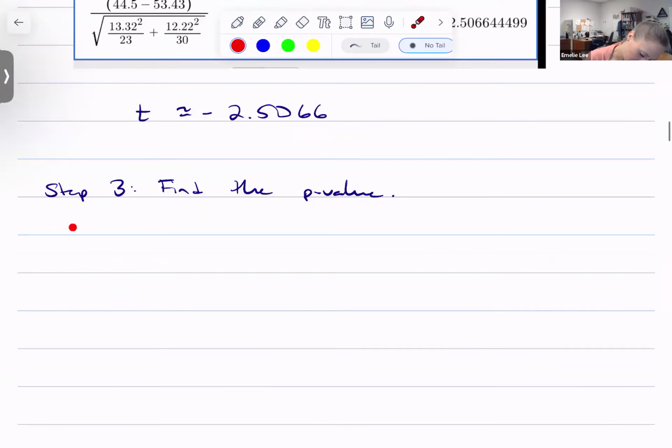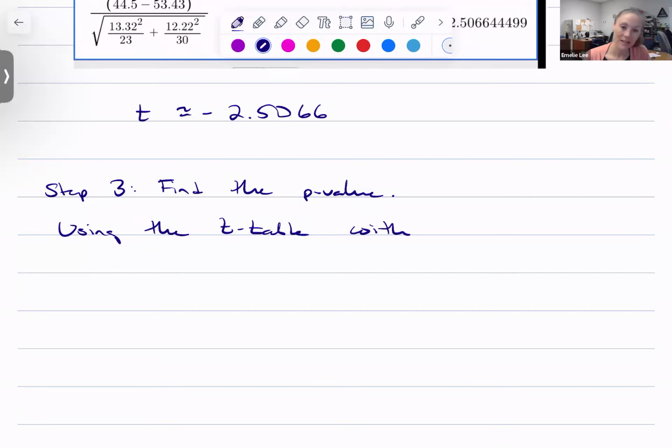And so here, because I have a t, the setup that we use is using the t-table with now our degrees of freedom calculation. This is the first time that we're seeing it, and so I'll do it down here. The degrees of freedom is the minimum of n1 minus 1 or n2 minus 1.